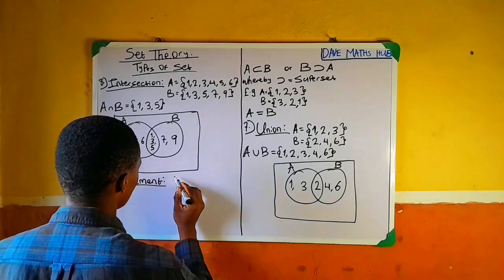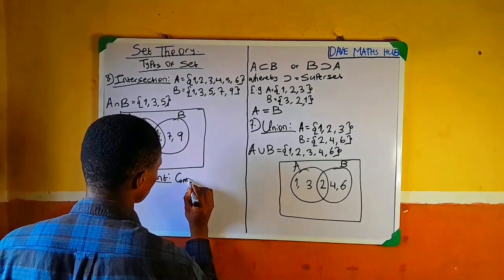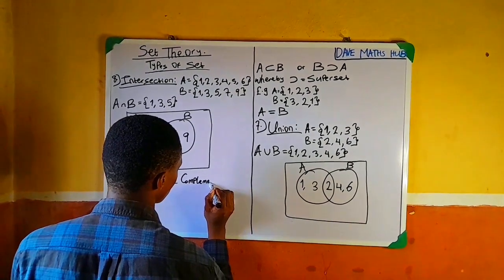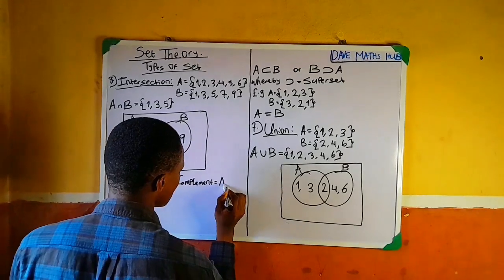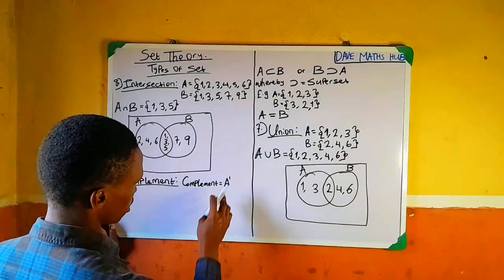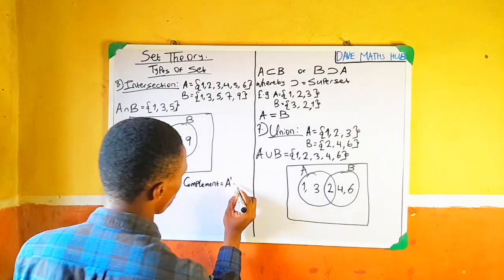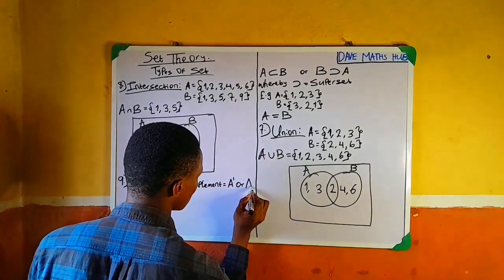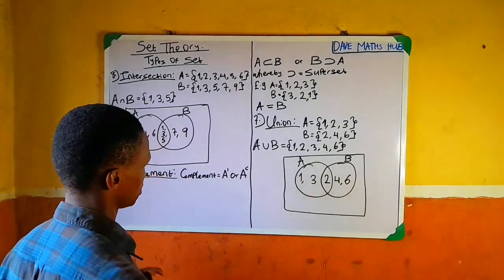So, complement is denoted by A with a raised c, or A raised to power C.